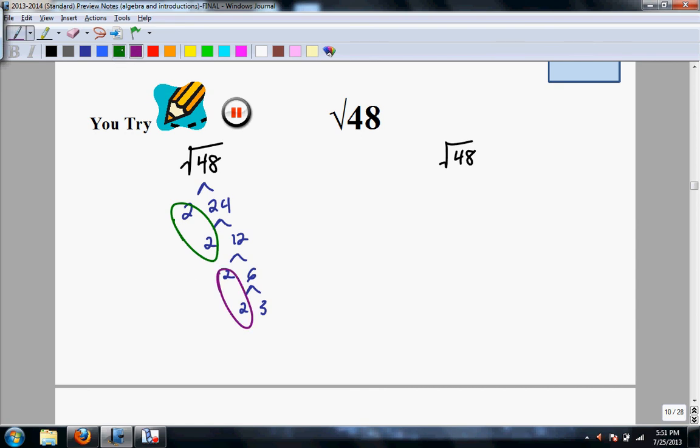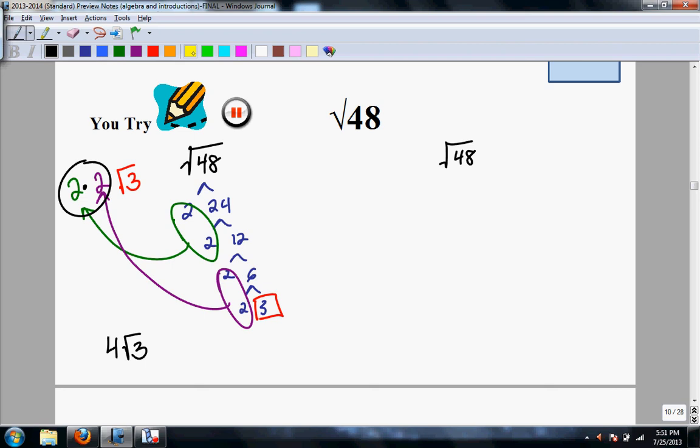I have 2 sets of 2s. The couples, when they go out as a single couple, I have a 2 here, times another 2. This 3 here, no date, stays home. You multiply these, you end up with 4 root 3.